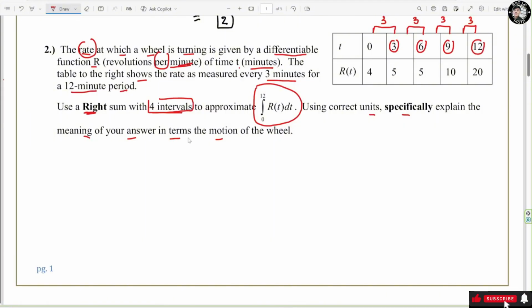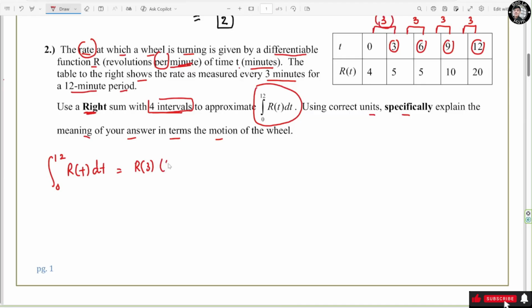right? So we have the integral from 0 to 12 of r(t) dt equals, now length times width, right? So we have r of 3, right? This one is the height, and then times the width is 3 right here.